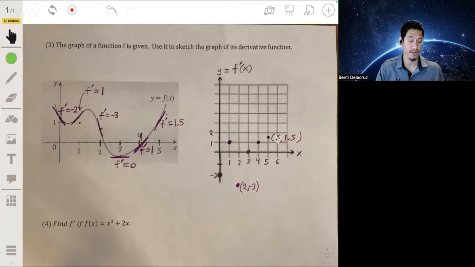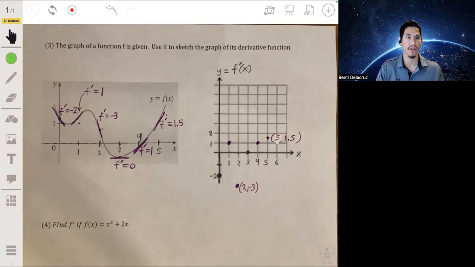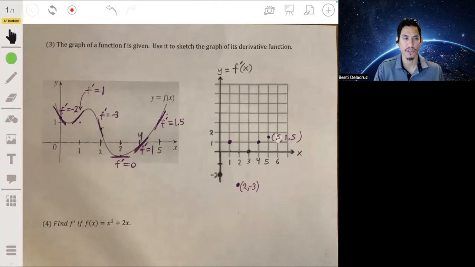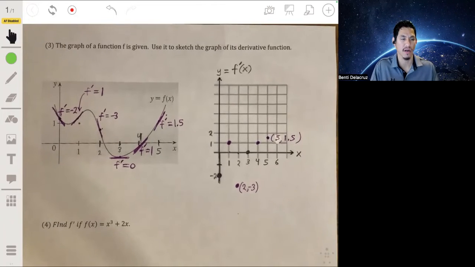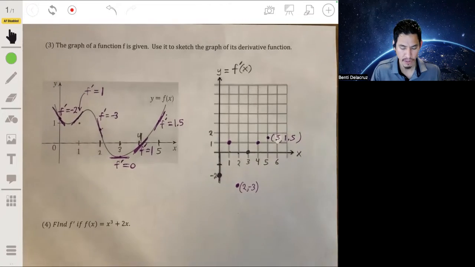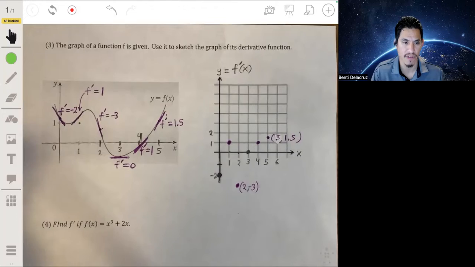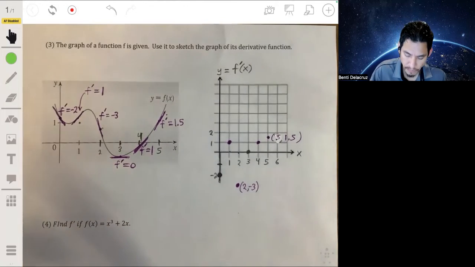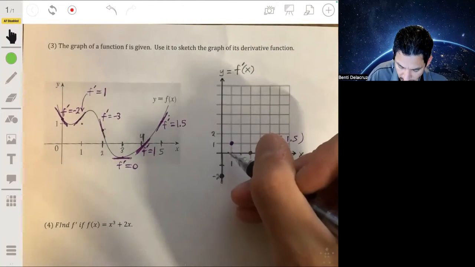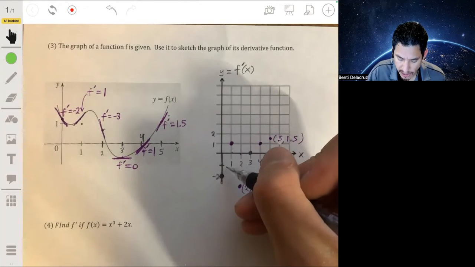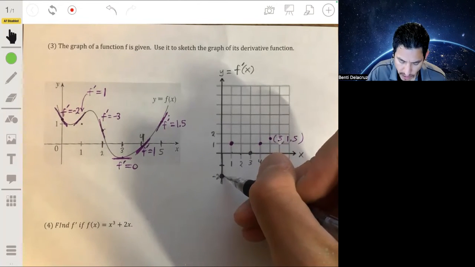And that's very useful in the real world, especially when we're dealing with motion of cars or airplanes or all sorts of stuff. Because we want to understand something speeding up, slowing down, in what direction, how fast. Now technically we would want to calculate every point between, or as many, to get an approximate idea of this.